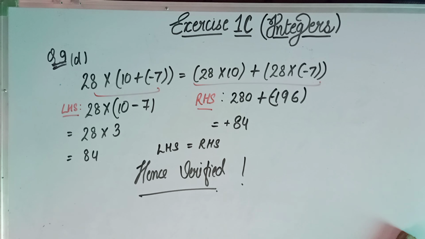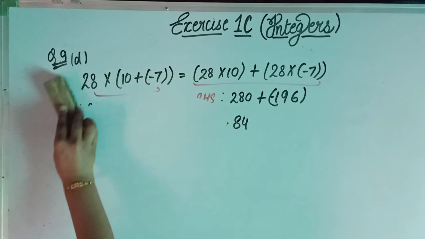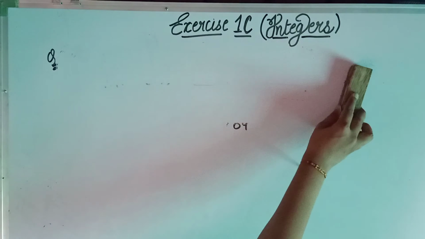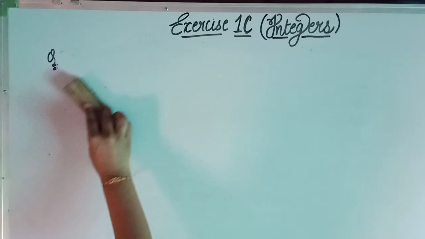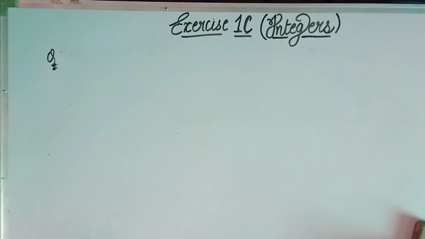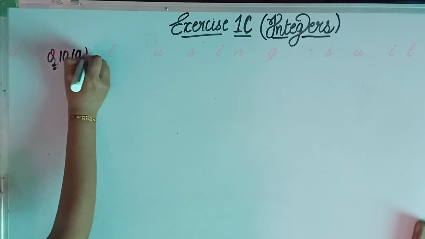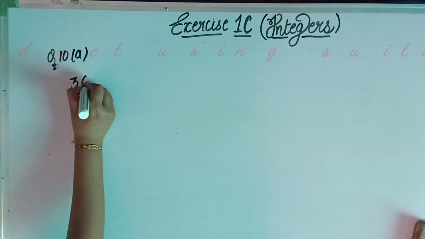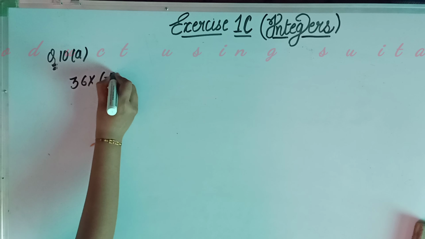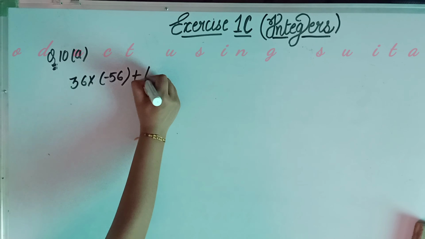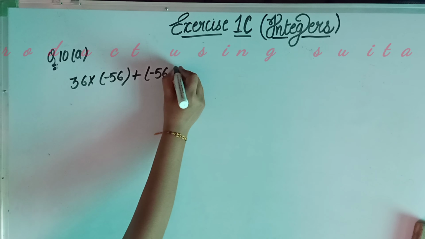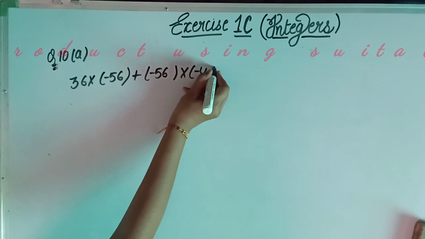Okay, so here I am rubbing it. So question number 10, A1 is 36 into minus 56 plus minus 56 into minus 46.